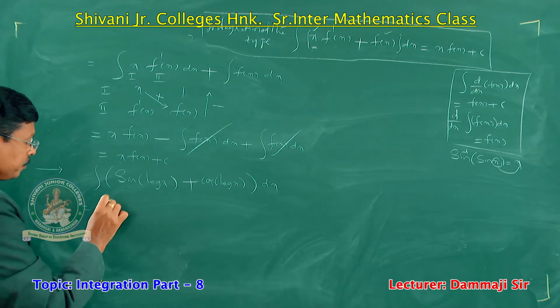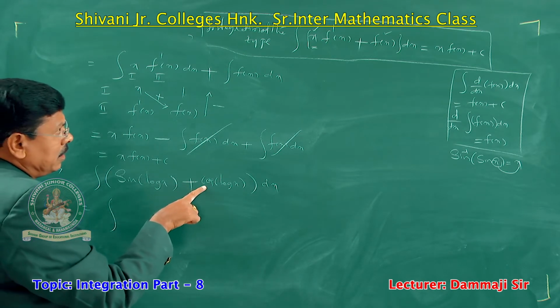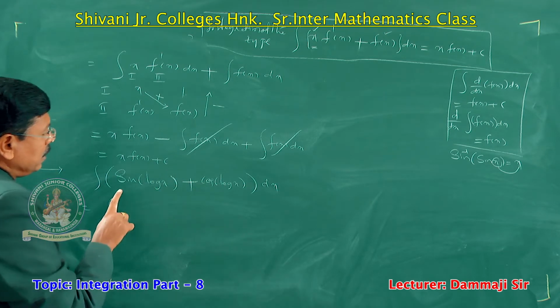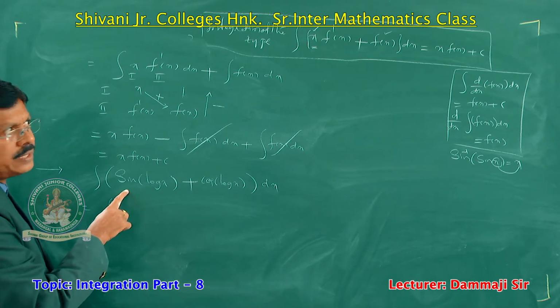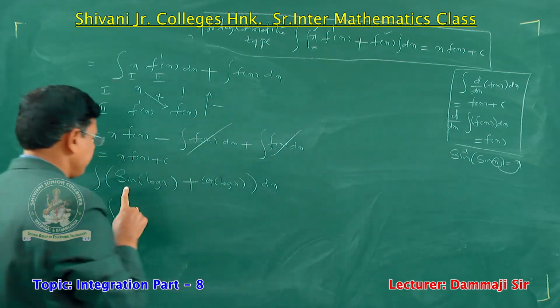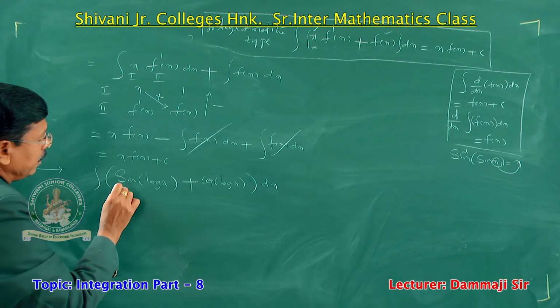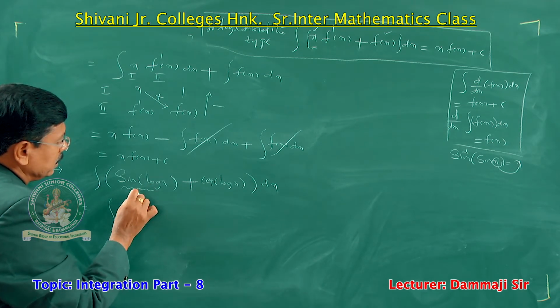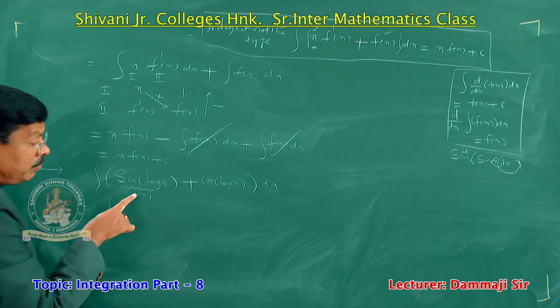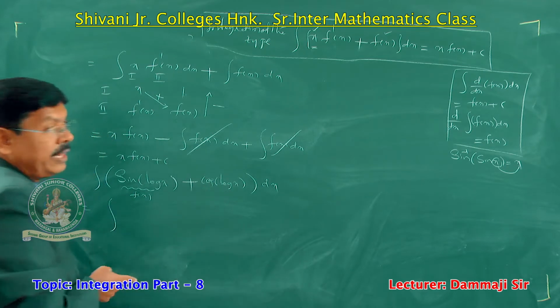See once again, cos is there. What about f of x? Say f of x is sin, but next to its derivative is cos. See once again, f of x is equal to sin of log x. What is the derivative of sin of log x?